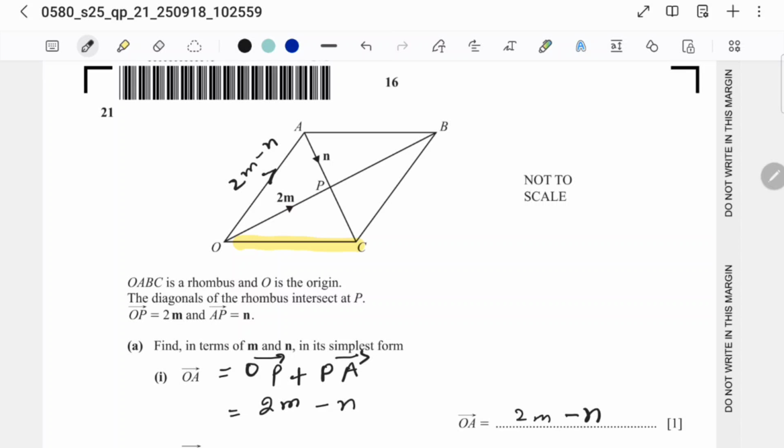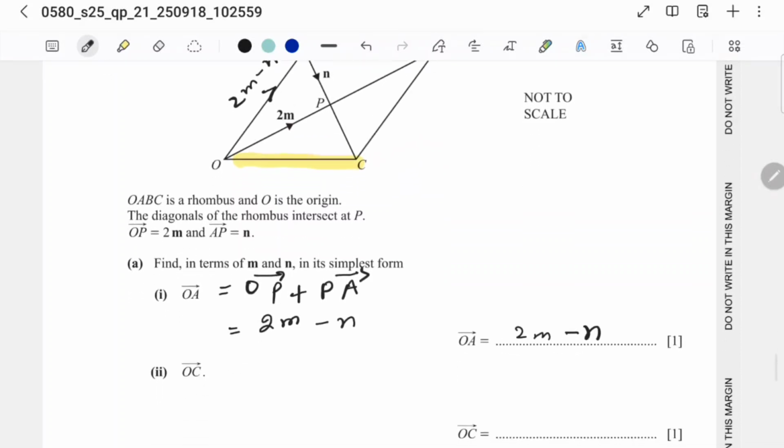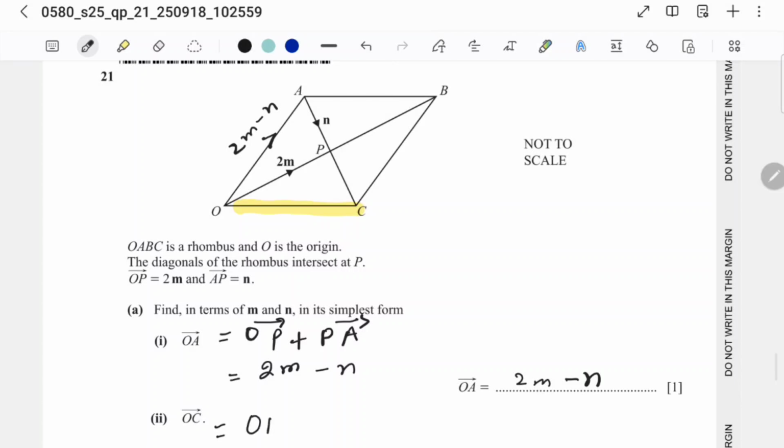Okay, so what are we going to do? We are writing down OB plus BC, which is O to B, OB, and then plus BC. They move like this. Now we already know that this is 2m minus n, so this is also 2m minus n.